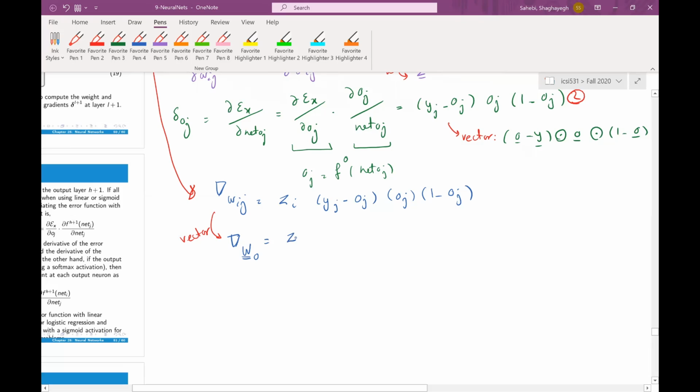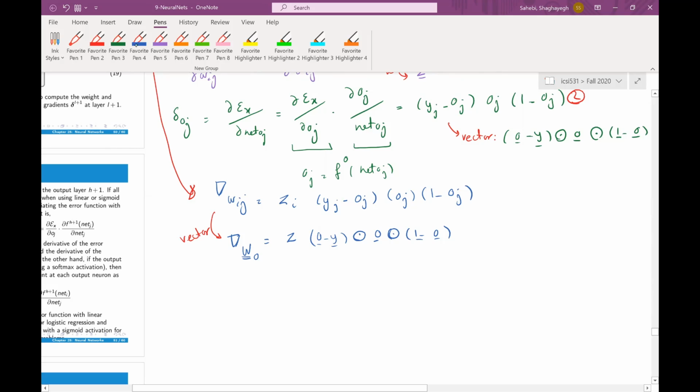It's going to be Z multiplied by O minus Y element-wise product O, element-wise product 1 minus O, which is actually this one, is also a vector, right?